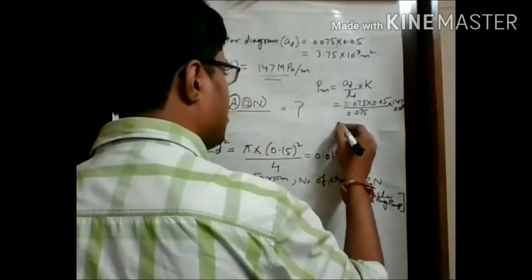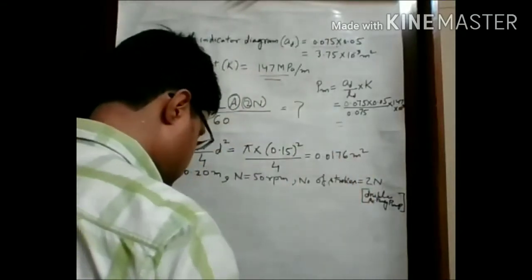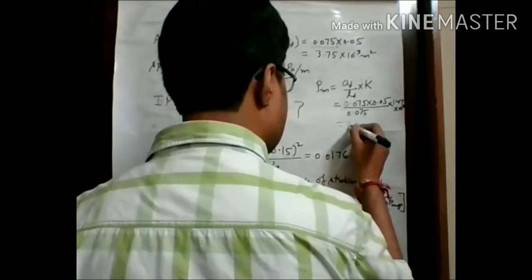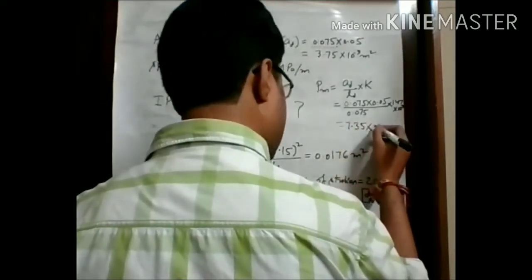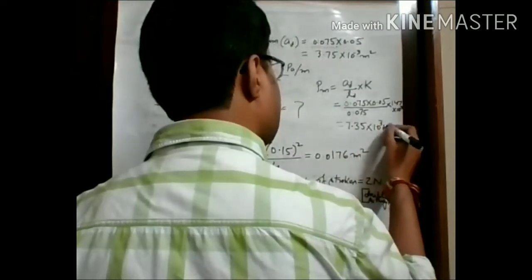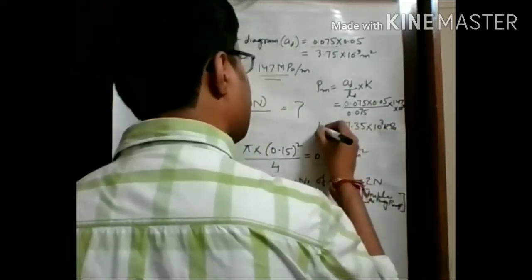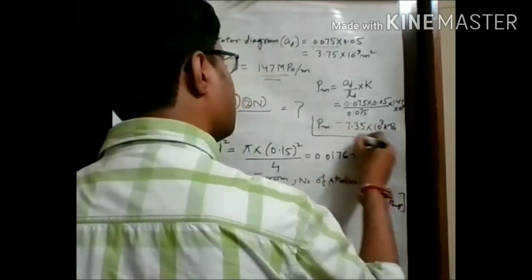By calculating this value, you will get the PM value, that is 7.35 into 10 to the power 3 kilopascal. This is the PM value.